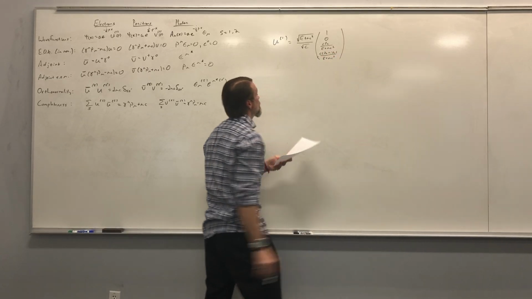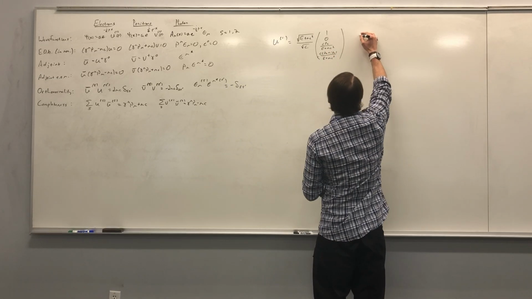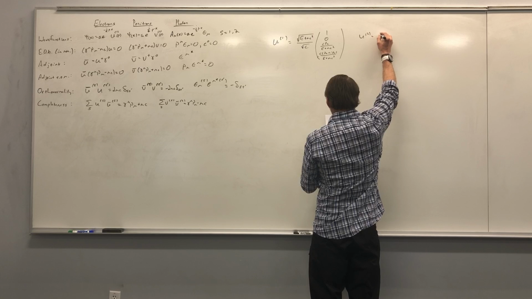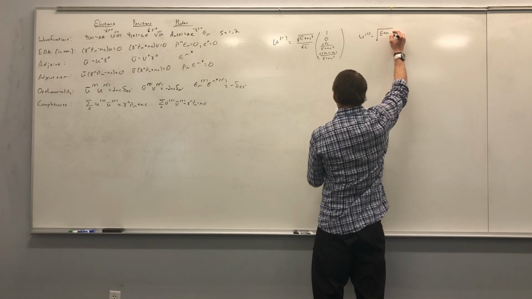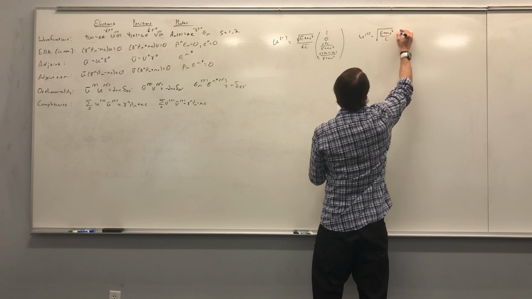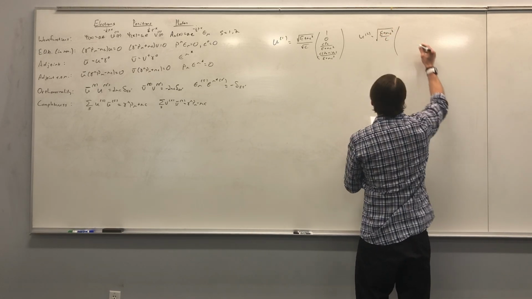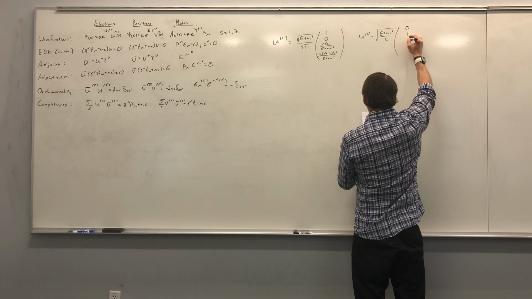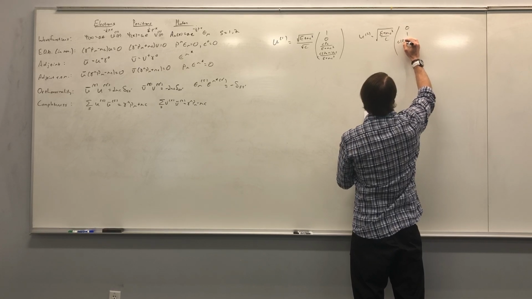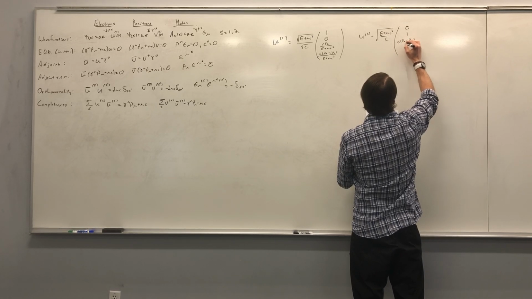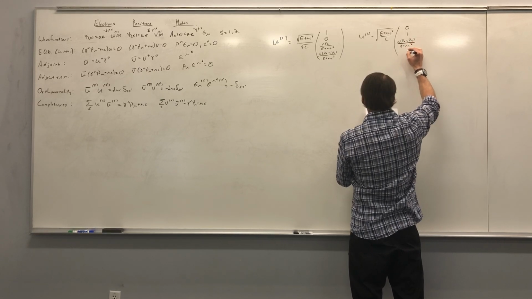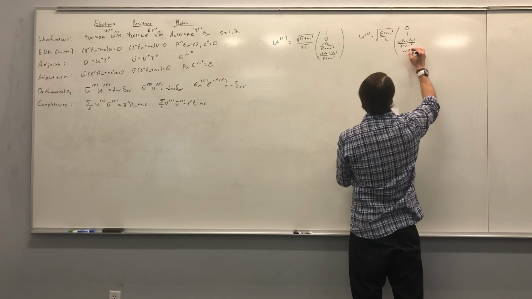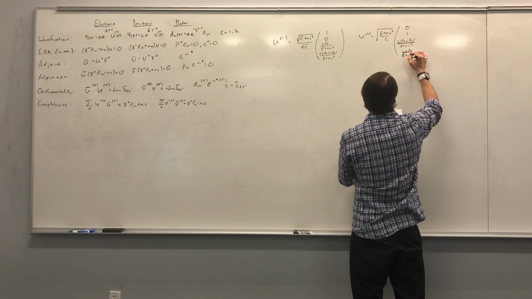Okay, that's the u1. And then we can do the u2. They're all going to have the same prefactor. So now we're going to have 0, 1, and then (cp_x minus i p_y) over (E plus mc squared), and minus cp_z over (E plus mc squared).